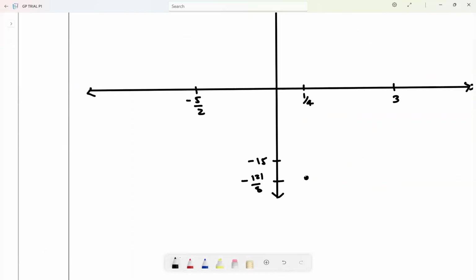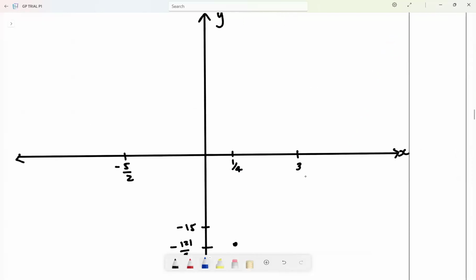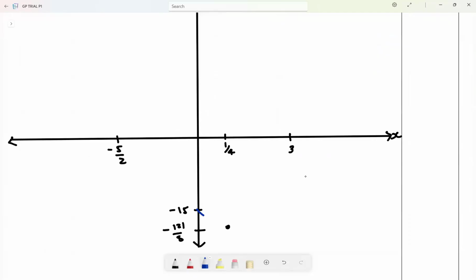And then let's join our function. Okay, I feel like it's too much. Let me try that again for the last time.